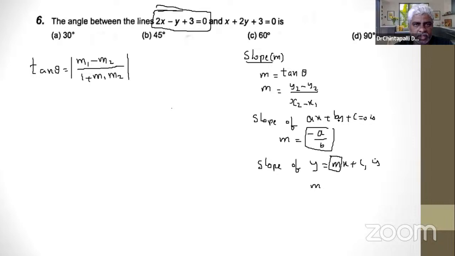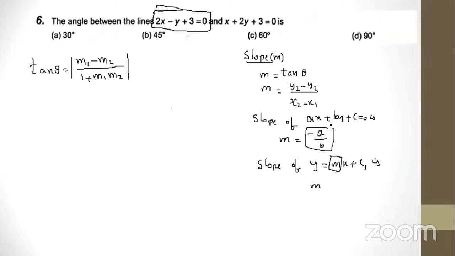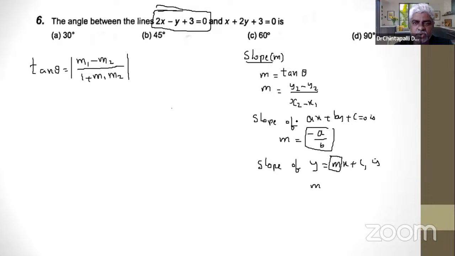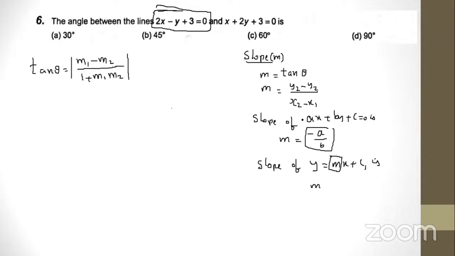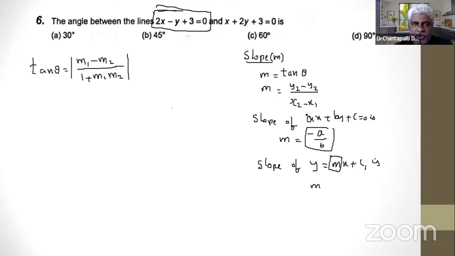So negative 2 over negative 1, the slope is 2. M1 is equal to 2 only. For the second line, what is m2?